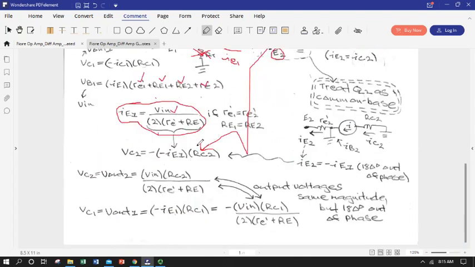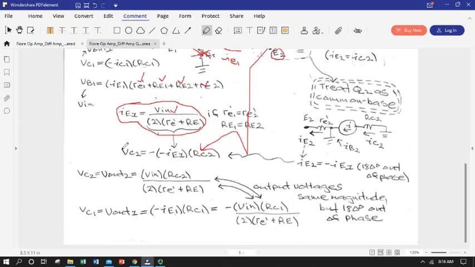So I use two relationships. Collector current and emitter current are approximately the same for a BJT, and because of our differential circuit configuration, IE1 and IE2 are the same magnitude, opposite direction. So I just plug that in.